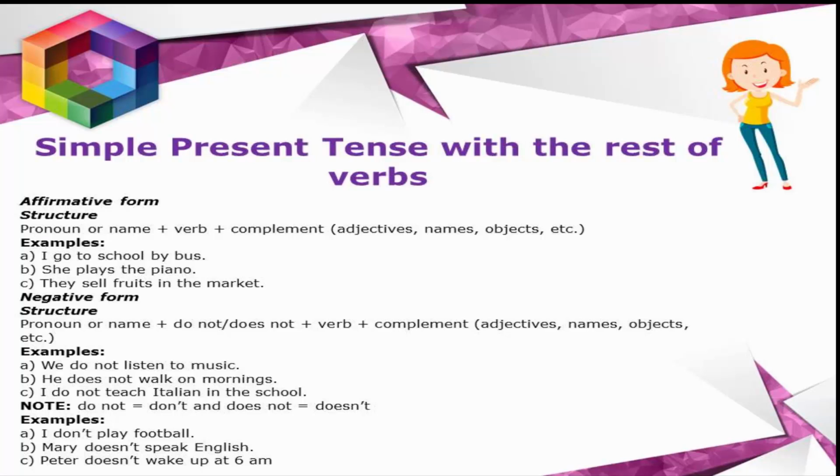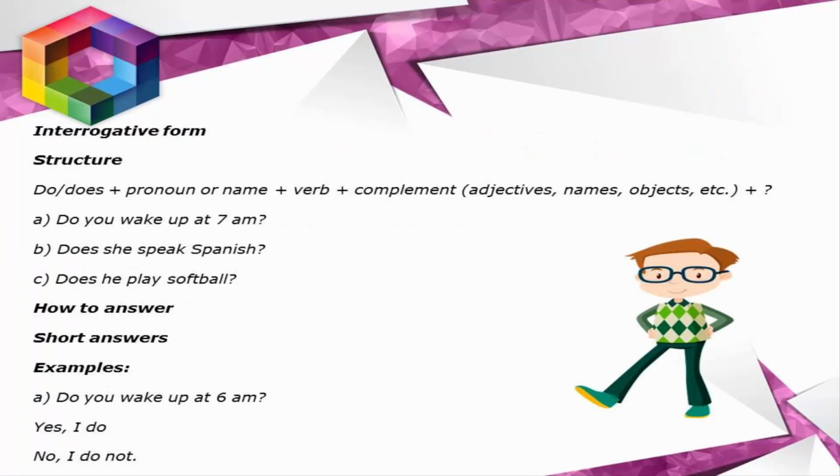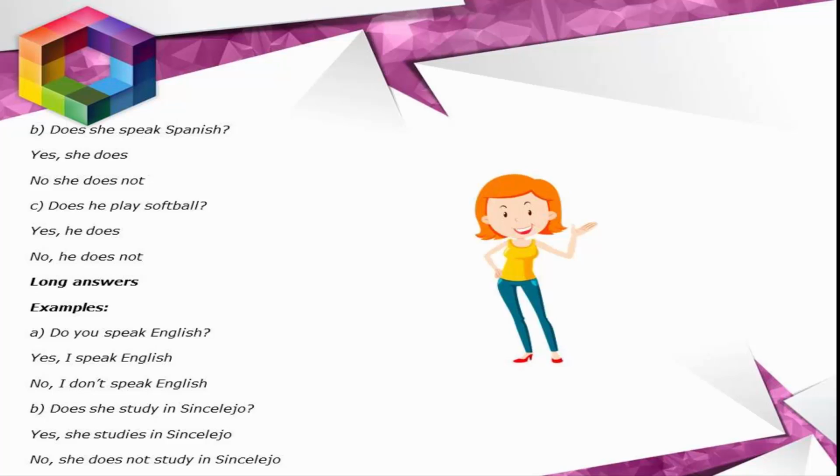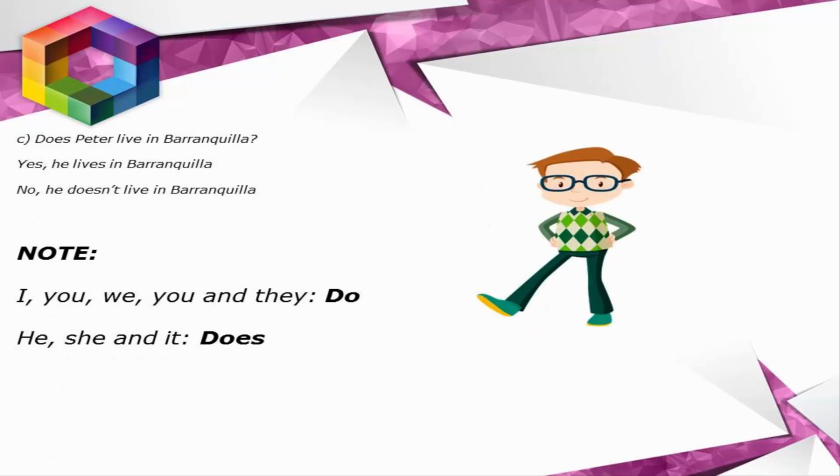The first thing I would do in this activity is explain the grammar part, the affirmative, negative, and interrogative forms, explaining when we need to use short answers and long answers too. And I could show some videos on the internet about the use of the verb to be in simple present tense, and the rest of the verbs.